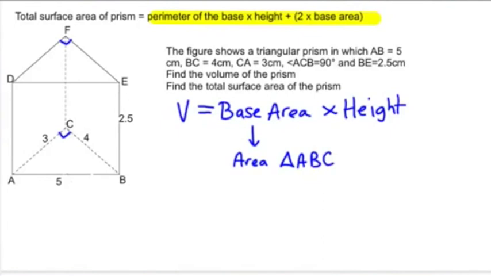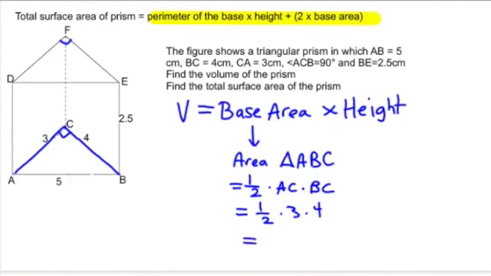And the area of triangle ABC is 1/2 times AC times BC. And the reason I can multiply these two values together is because of the 90-degree angle. I can turn that prism on its side, and I can use one of the values as its height. So that means I have 1/2 times 3 times 4, which means my base area is 6 square centimeters.